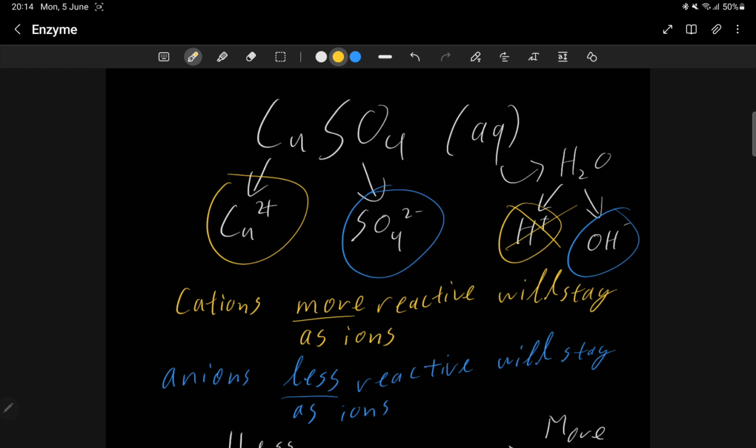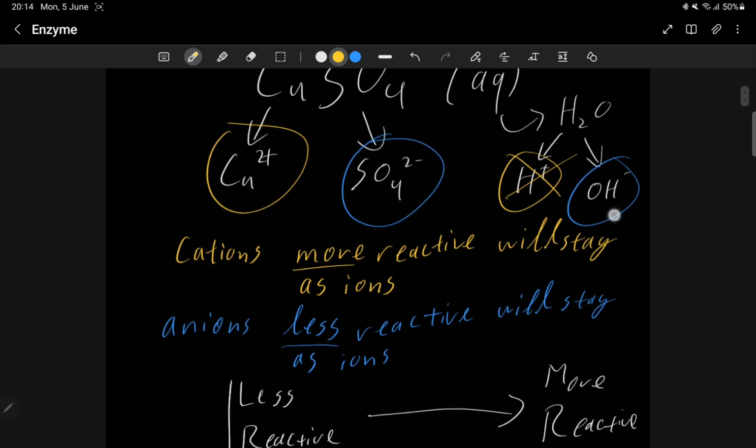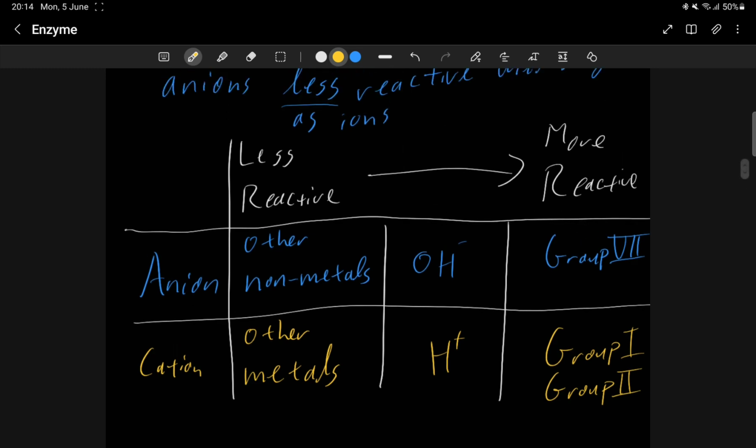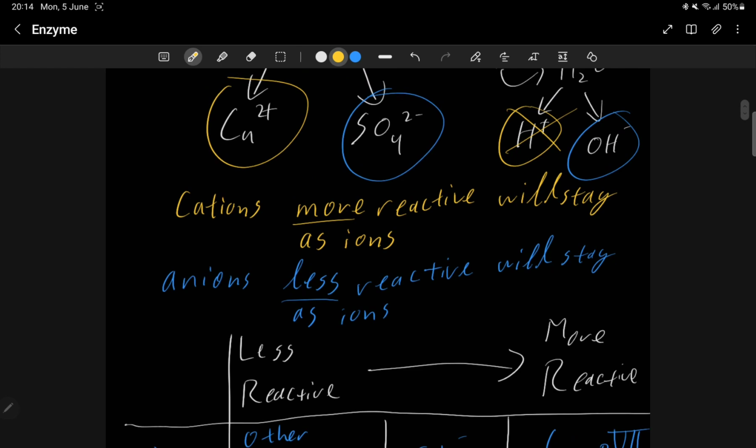And the anion, the less reactive one, will stay as an ion. So let's look back. Group 7, we don't have any group 7. We only have OH minus and SO4 2 minus. So the less reactive one in this case is SO4 2 minus because that's a non-metal. So the less reactive one will stay as an ion. So we won't have any SO4, SO4 will stay as an ion.